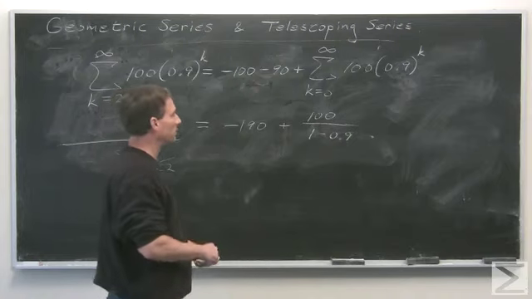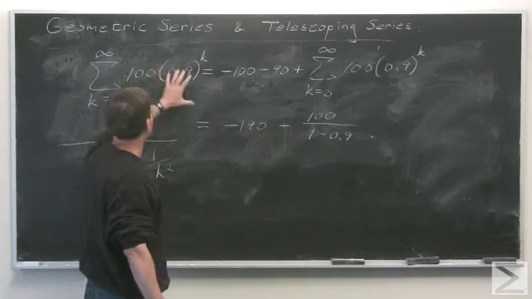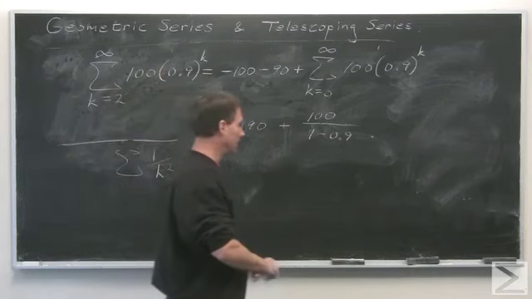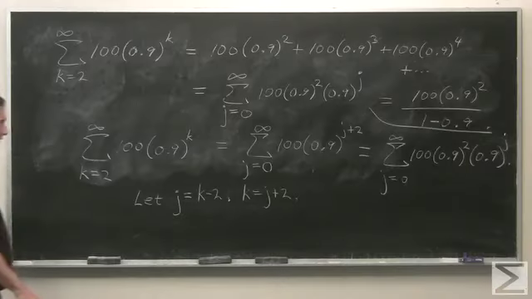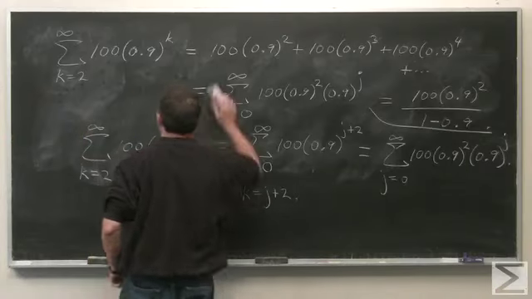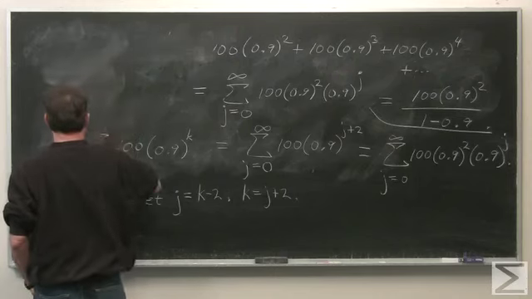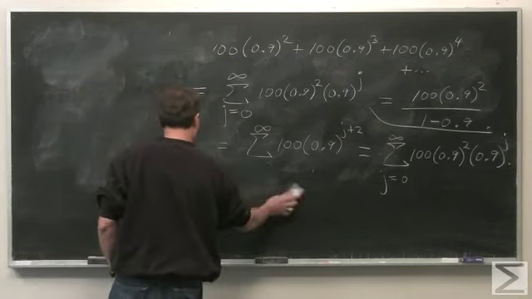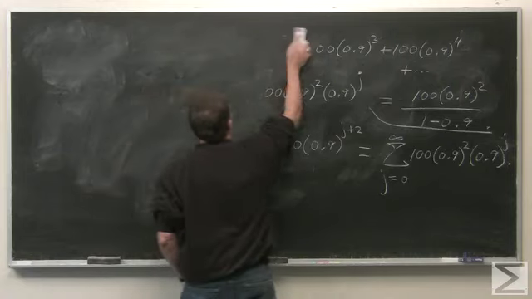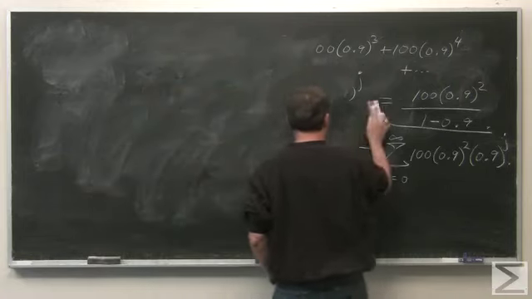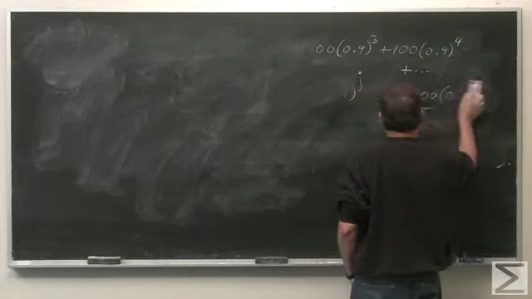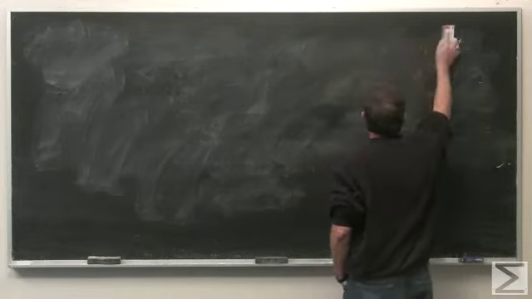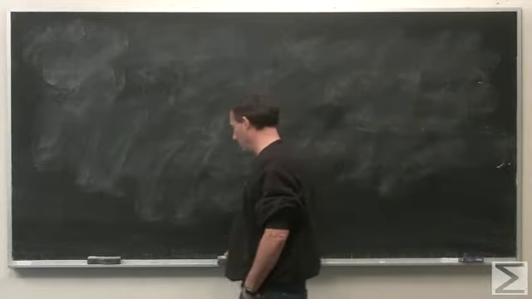Before I do telescoping series, there's one other cool thing that this may make you think of that I'd like to talk about. Geometric series do come up over and over again, in some pseudo real-world applications, but also in a lot of mathematical applications.